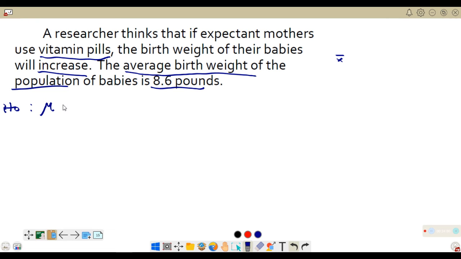So, population average birth weight is 8.6 pounds. For H sub A, the average birth weight of the population is greater than 8.6.